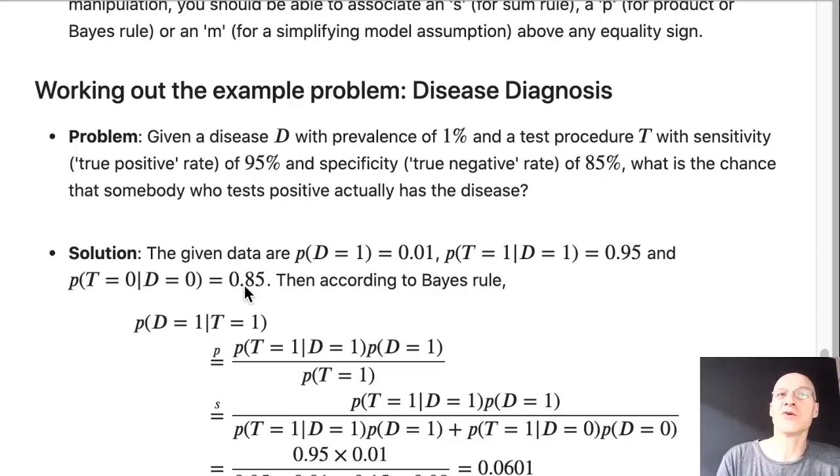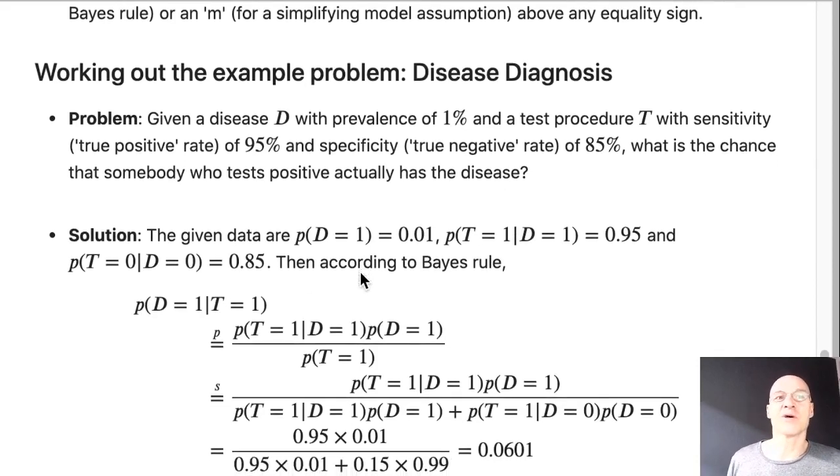What I want to know, however, is the probability that somebody has the disease, given that the test comes out positive. Crucially, you should never confuse this term with the probability that the test comes out positive if you know that this person has the disease. These are two different things.